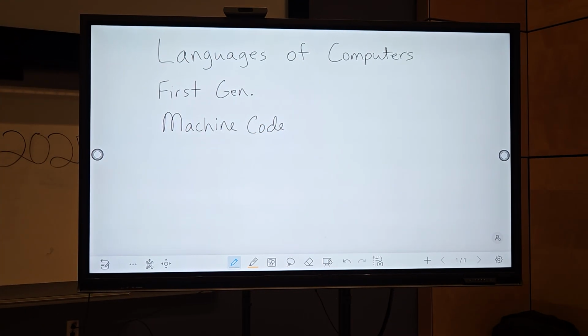That was the first language developed. It basically consists of ones and zeros. It is what the machine actually understands at the most basic level.